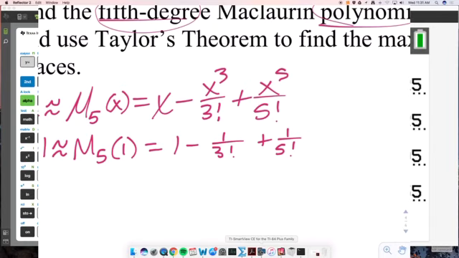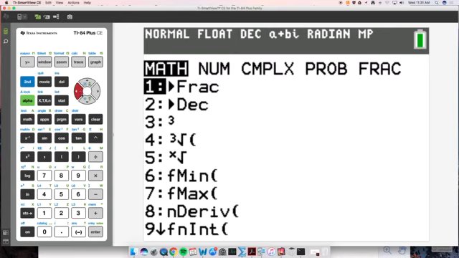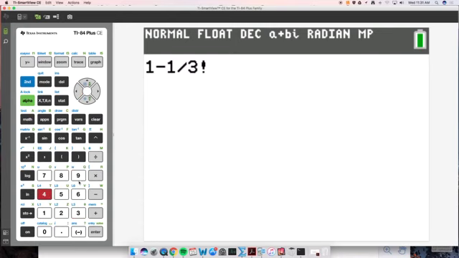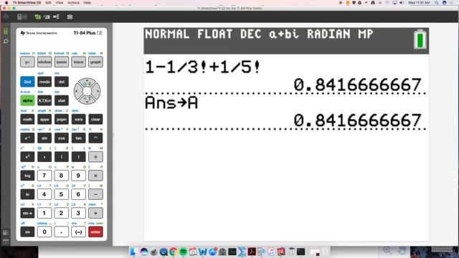Because it's only 3 terms, I think I'll just type it in instead of generating it with sigma. 1 minus 1 divided by 3 factorial, plus 1 over 5 factorial. All right, so write that down. I'm going to store that as alpha A, because we might have to come back and use that.